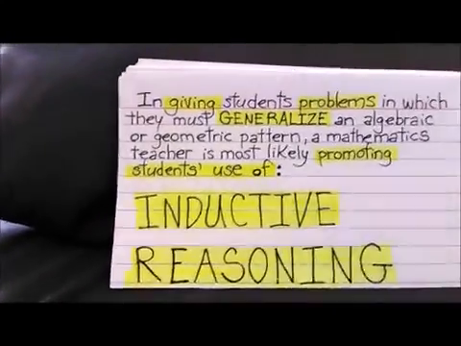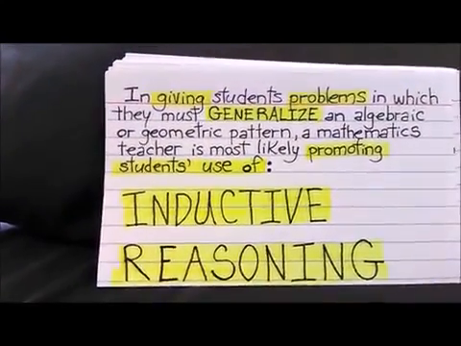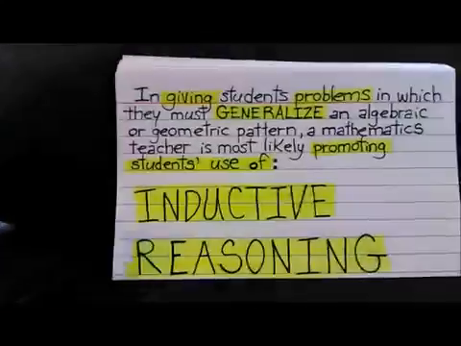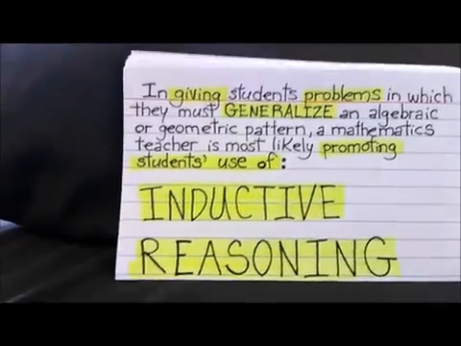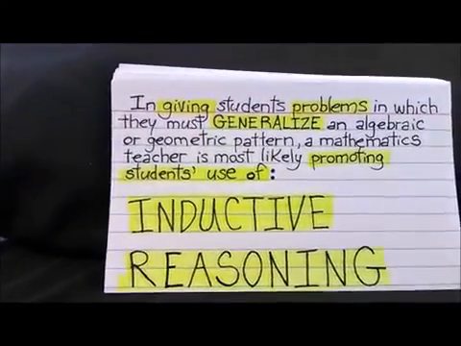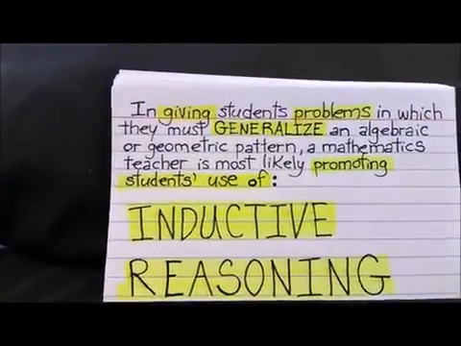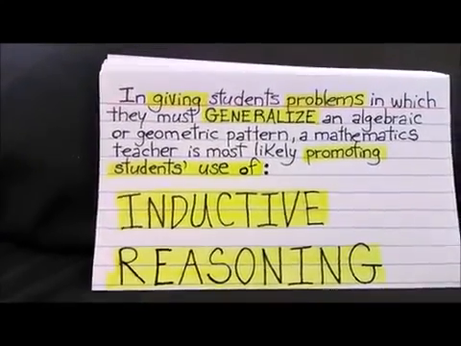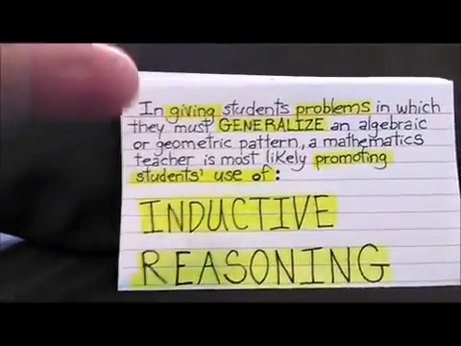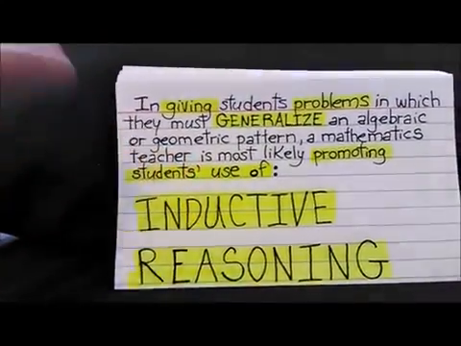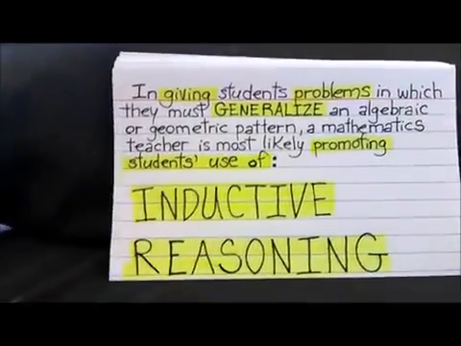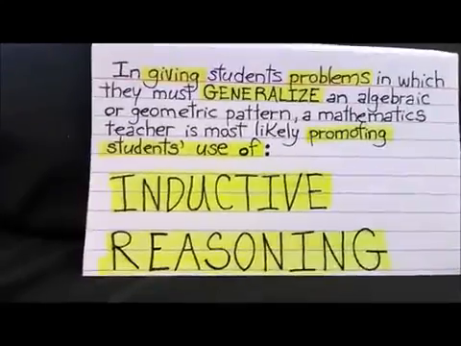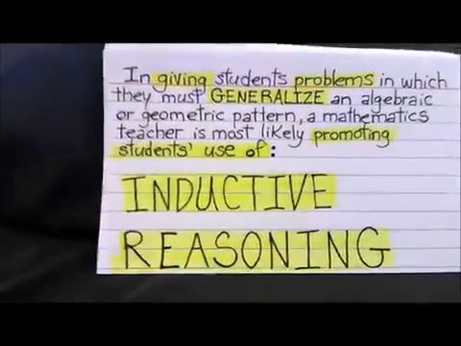Inductive reasoning: in giving students problems in which they must generalize an algebraic or geometric pattern, a mathematics teacher is most likely promoting students' use of inductive reasoning. So when you give students problems in which they must generalize an algebraic or geometric pattern, the teacher is promoting the use of inductive reasoning.